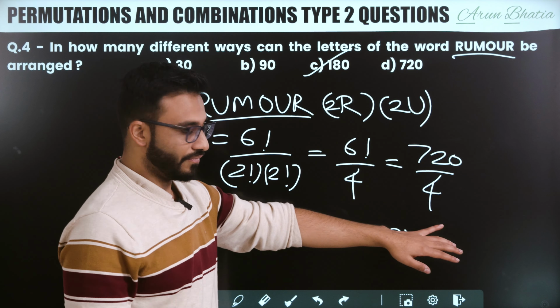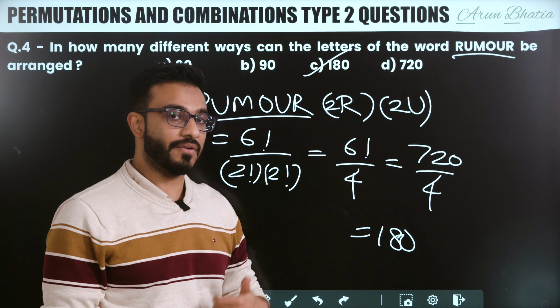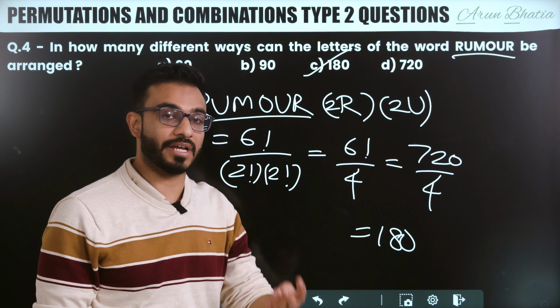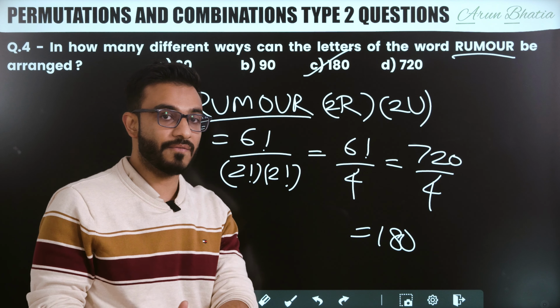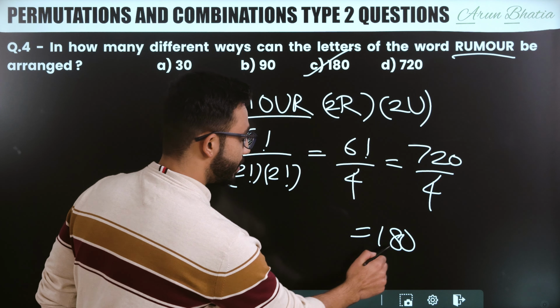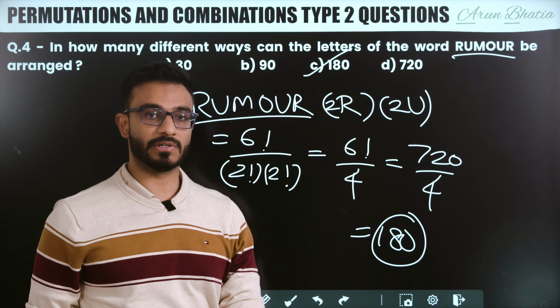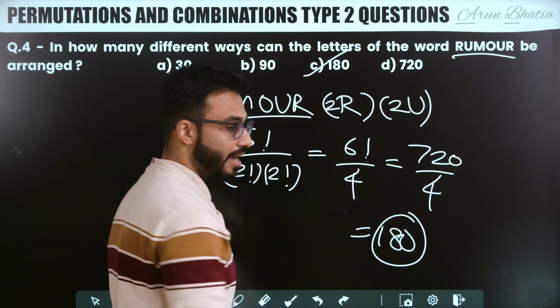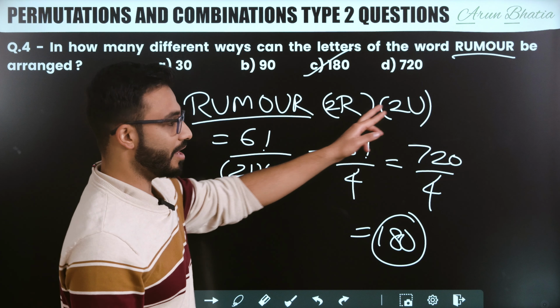So we are counting every possible arrangement 4 extra times. So we have to take that into consideration and divide by 4. So really you only have 180 different possible combinations, because 720 had duplicates, like I explained, for R and U.